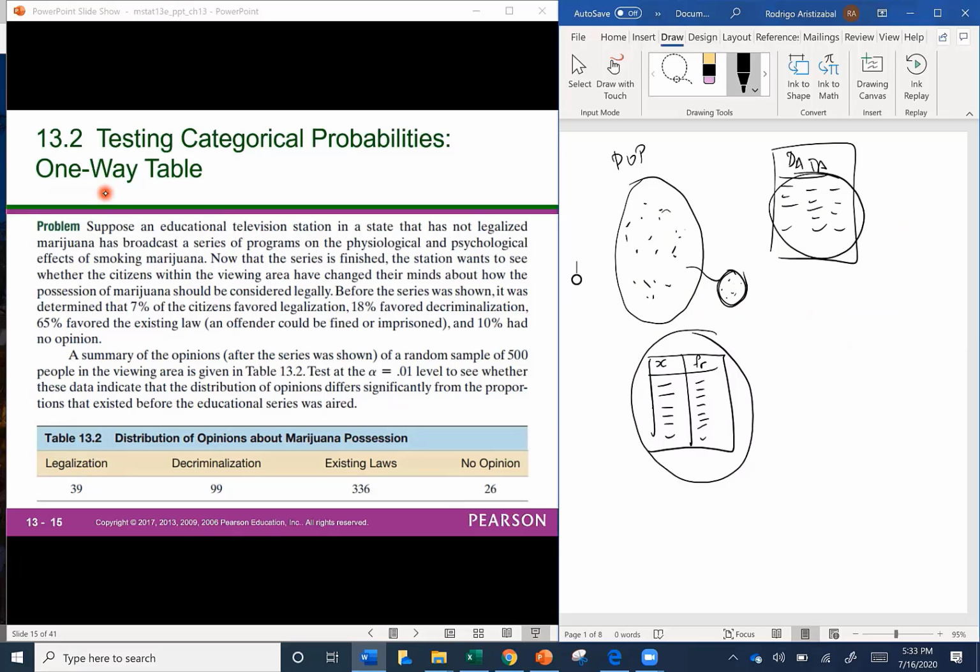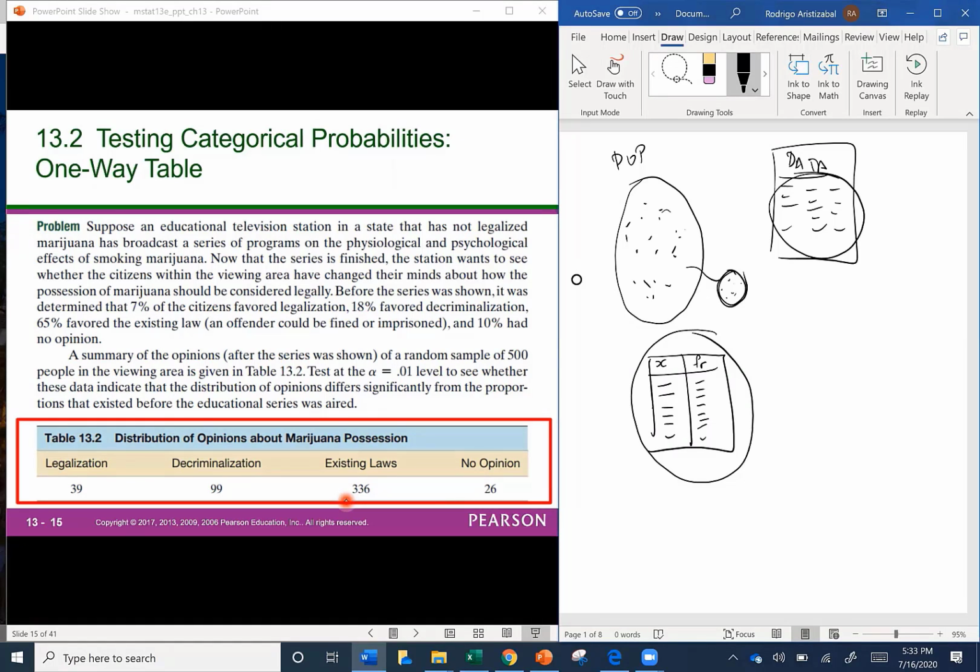That is a good study. That is the result after the study: 39 support legalization, 99 decriminalization, 336 existing law, and 26 have no opinion after this educational series.